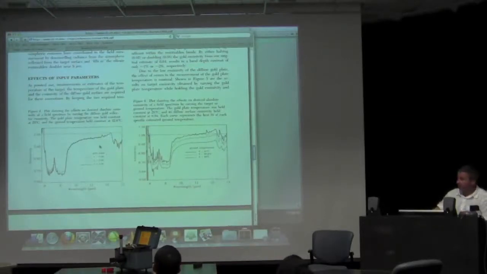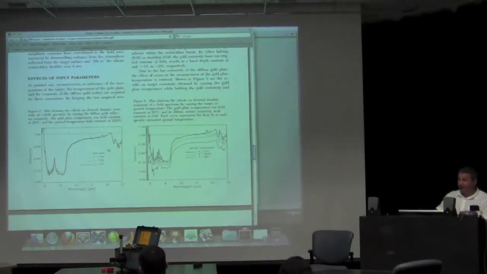Now, they made a couple other tests here. I said that gold plate was about 98% reflective. They said it's about 96% reflective. And what would happen if you were wrong on that? Well, it turns out that when you compute emissivity, if you got your emissivity wrong by double or half, if you look out here, it really had no effect on the computed emissivity at all.